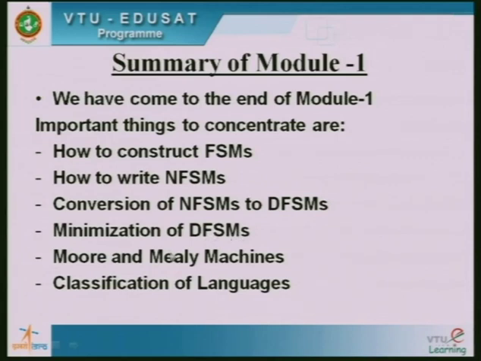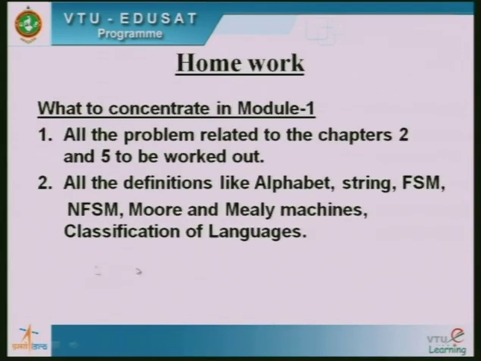Myhill-Nerode theorem and equivalence classes are important. Then Moore and Mealy machines, which we dealt with today. Then finally the classification of languages into 4 categories is also important. For homework, concentrate on all the problems related to chapters 2 and 5, where most of the problems are.